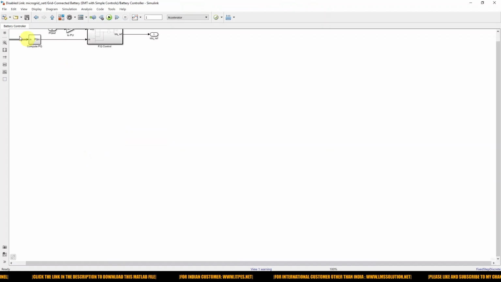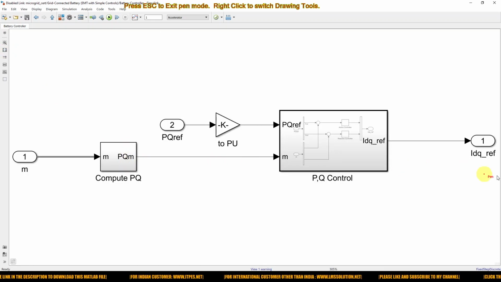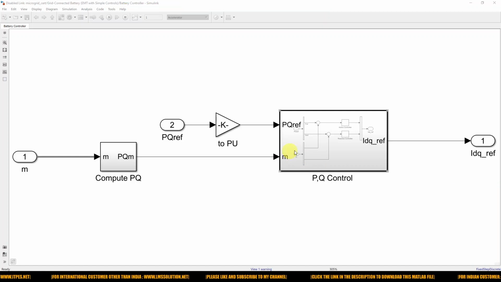Based upon that PQ reference, you have to generate the IDQ reference. So how much current, how much real and reactive power is going to be taken from the battery to the utility grid.